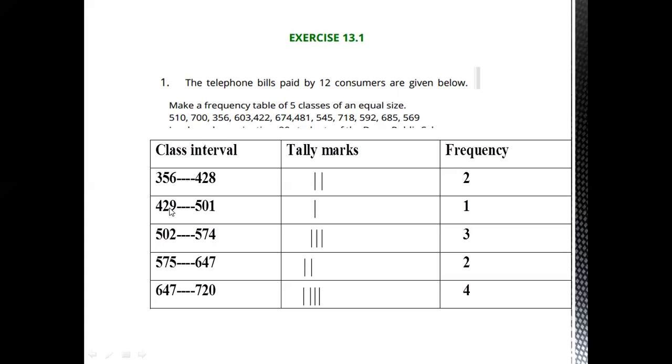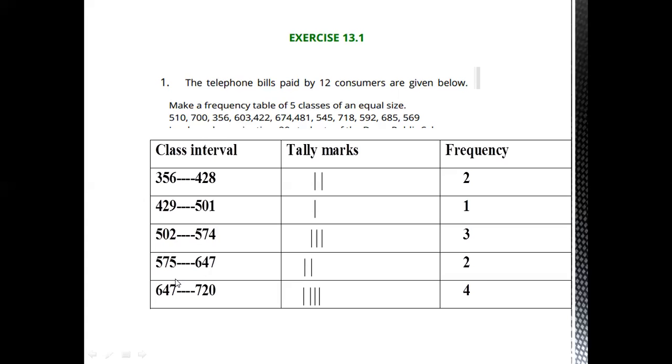Similarly, the next class: the upper limit of the previous is 428, so the lower limit will be the next value, 429, and if you add 72, that will be 501. Similarly, the next class will be 502 to 574, because 502 plus 72 gives 574. The next class will start from 575, add 72, and you get 647.